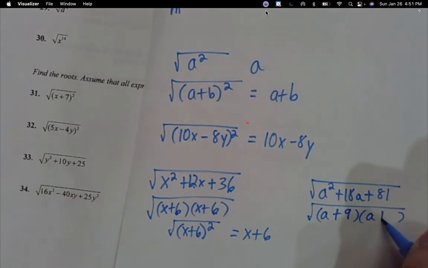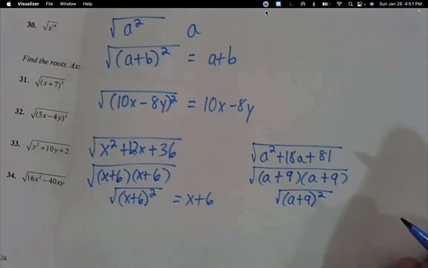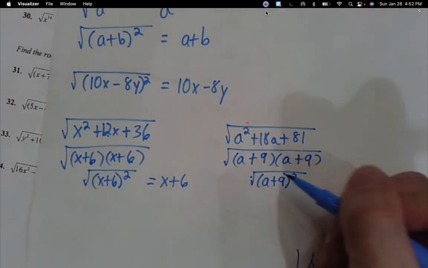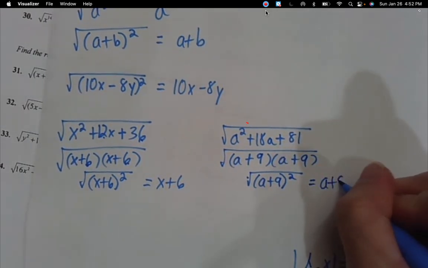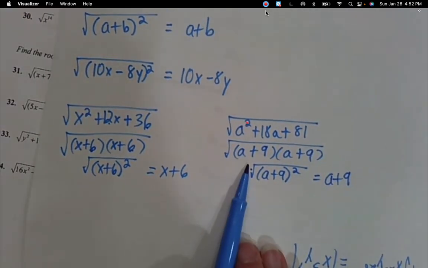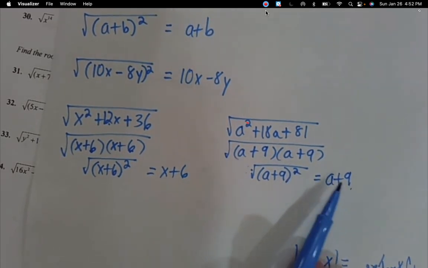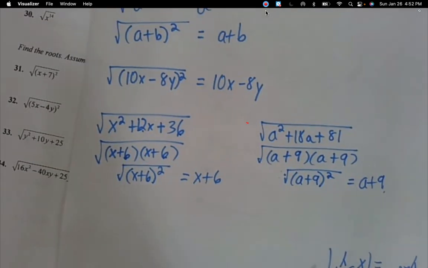How about 9 and 9? So I get a plus 9 squared. What is the square root of a plus 9 squared? What happens to the 2's? Well, they would cancel out, and you get a plus 9, because it's basically dividing. What's 2 divided by 2? 1. Oh, I only have one of those. Okay, so a square and a square root are going to cancel each other out.